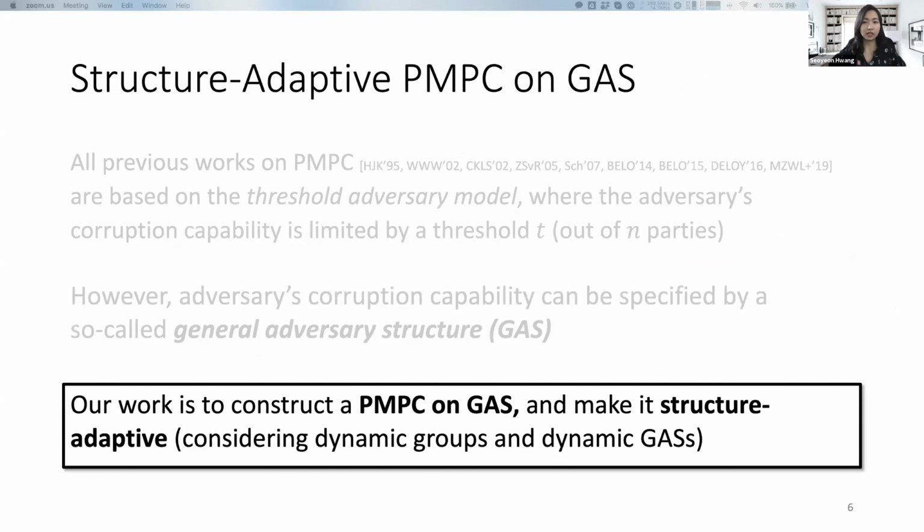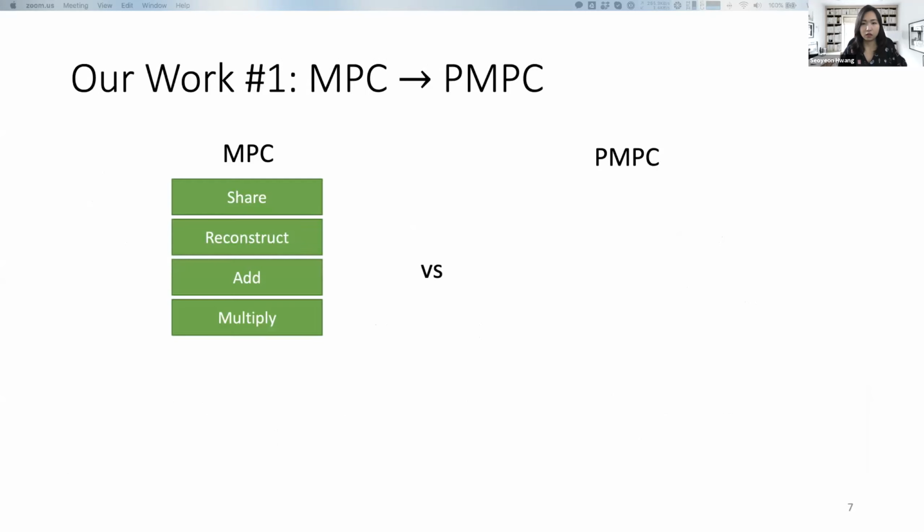So what we did is construct a structure-adaptive proactive MPC on dynamic GASs, which means the protocol can adapt to dynamically changing groups and GASs. Normally, MPC consists of four protocols: share, reconstruct, add, and multiply.